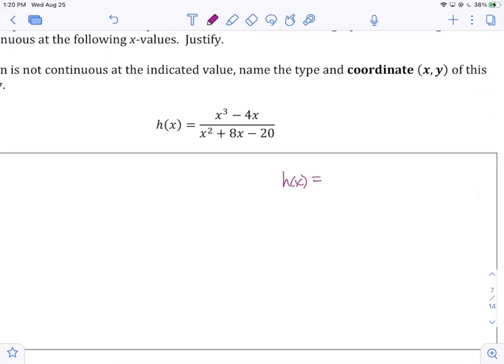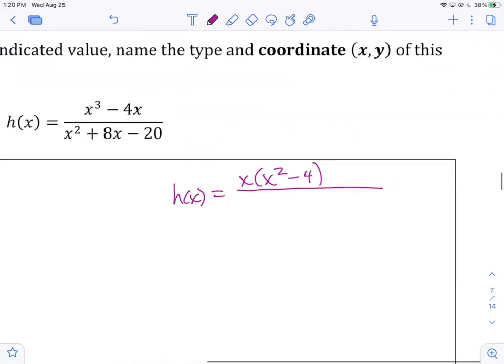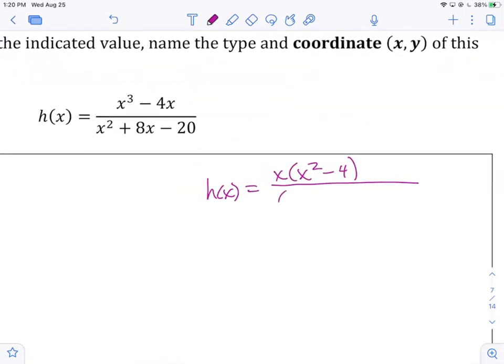So here we go. In the top, if I factor out an x, I'm left with x squared minus 4. And then in the bottom, let's see, factors of negative 20 that add up to 8. So how about x plus 10? Yeah. x minus 2. I like that. Can you go straight to x minus 2, x plus 2?